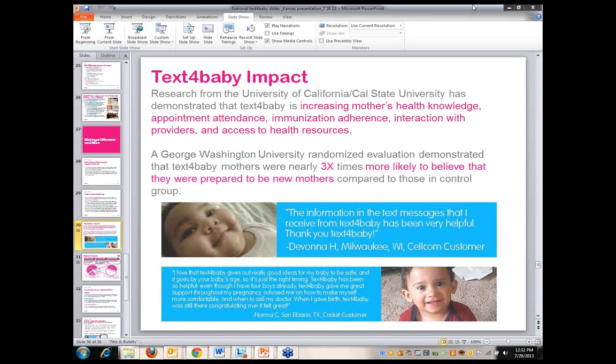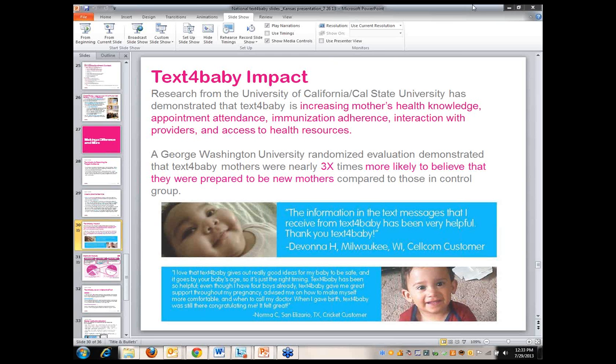Some information that we've gotten from University of California, Cal State University study demonstrated that Text4baby is increasing mothers' health knowledge, appointment attendance, immunization adherence, interaction with providers, as well as access to health resources. So very positive information that we got from that study, as well as the George Washington University evaluation showing 3 times more likely women believe that they were prepared to be new mothers.